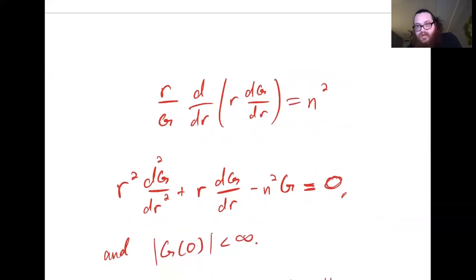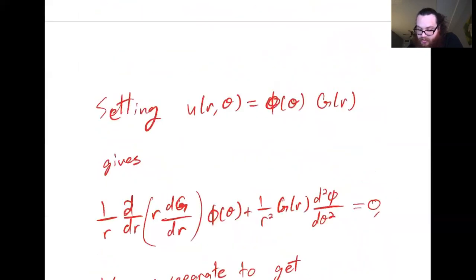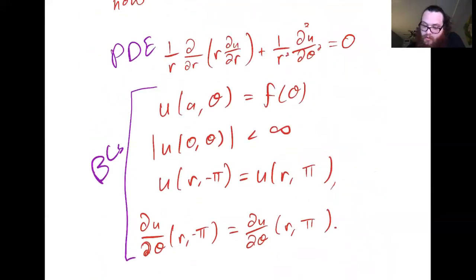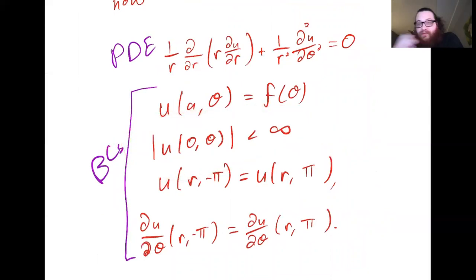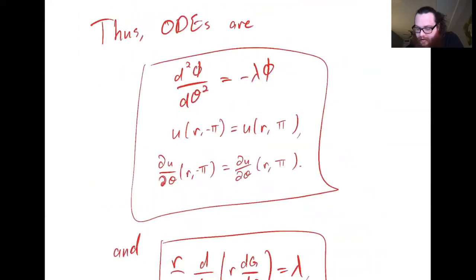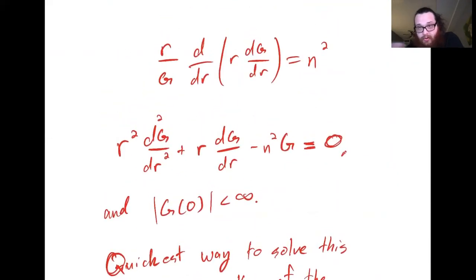And so then the condition is, if we go back up here, we want the value of our function at r equals 0 to be finite. So the piece of our solution function that depends on r, that was G. What kind of boundary conditions are we given, and how do they play into the separated variable situation?